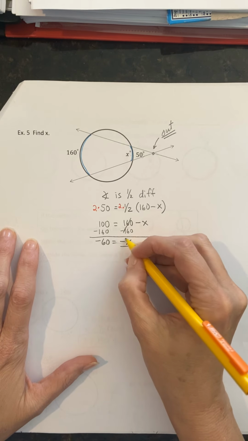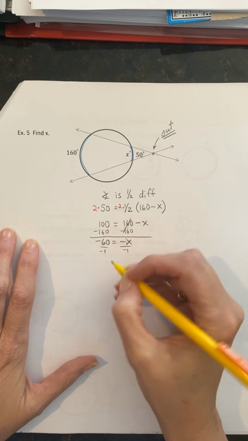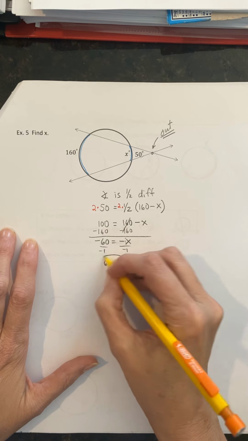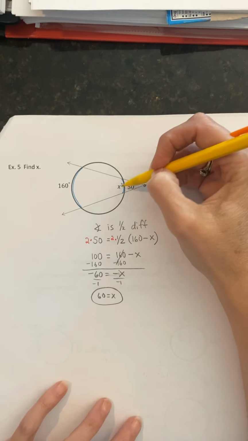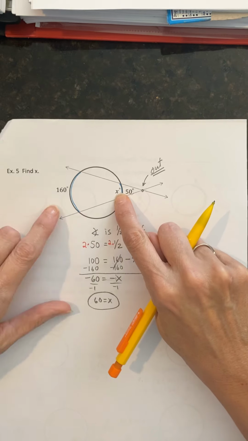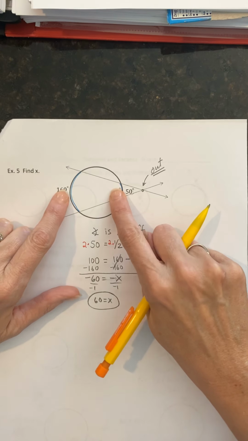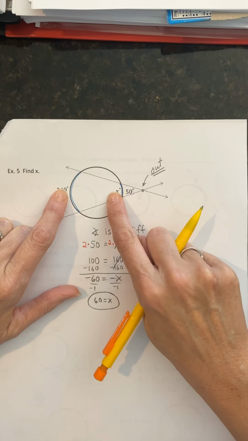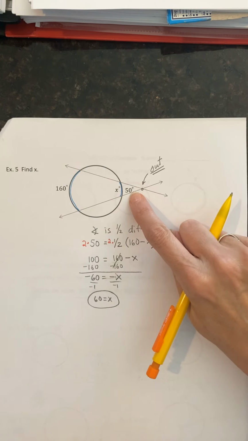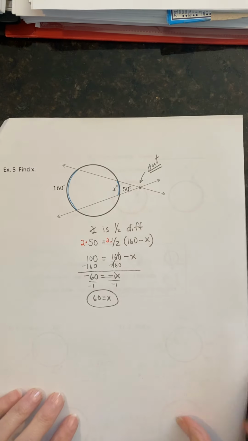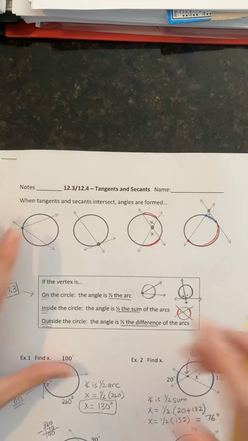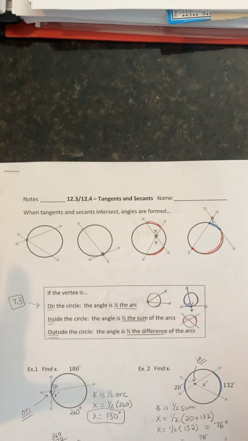Or you may like to show that work dividing by negative 1. You get 60 equals x. So that arc would have to be 60 because 160 minus 60 is 100, and half of that 100 is the angle, 50. So it works. All right, that is the rules for when tangents and secants cross.